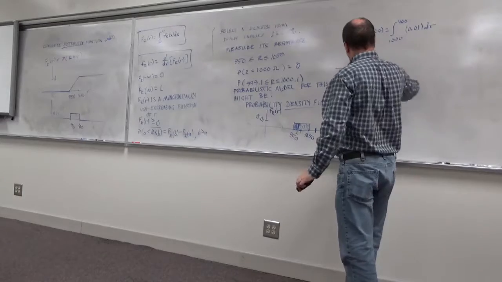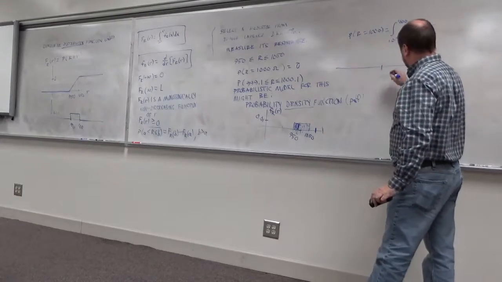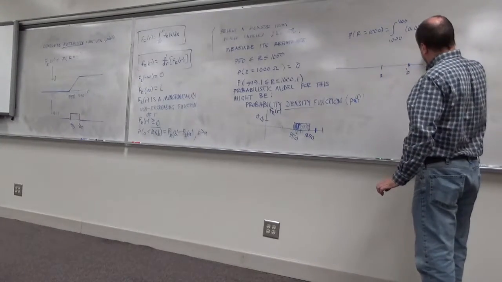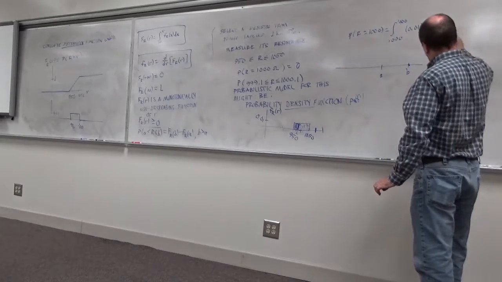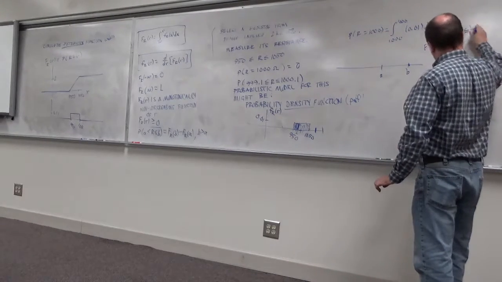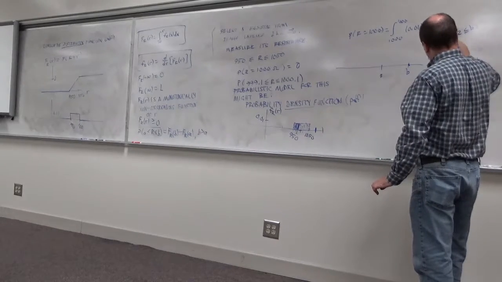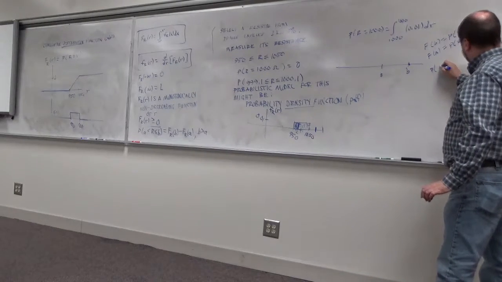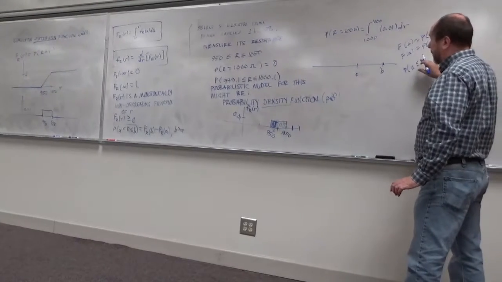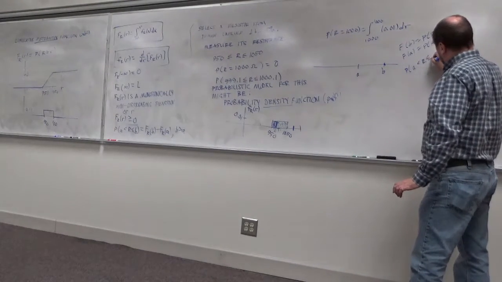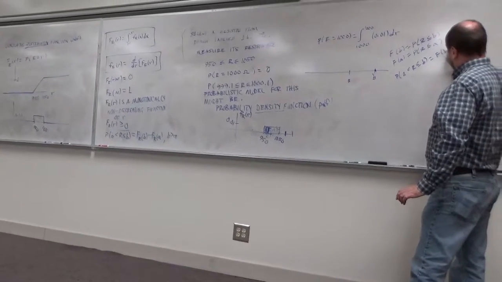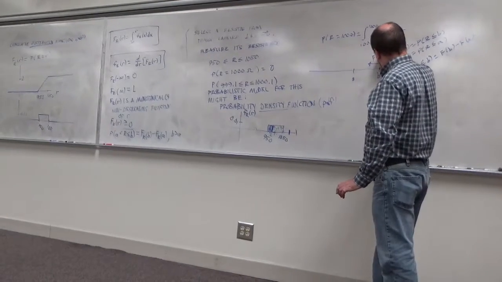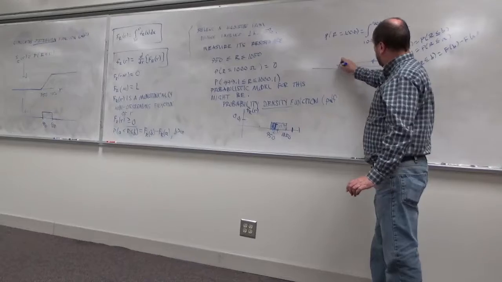that if I wanted to know somewhere between A and B, right here, capital F of B would be the probability that R is less than or equal to B. Capital F of A is the probability that R is less than or equal to A. And the probability that A is less than R less than or equal to B is F of B minus F of A, because F of B tells us the probability of being over there.